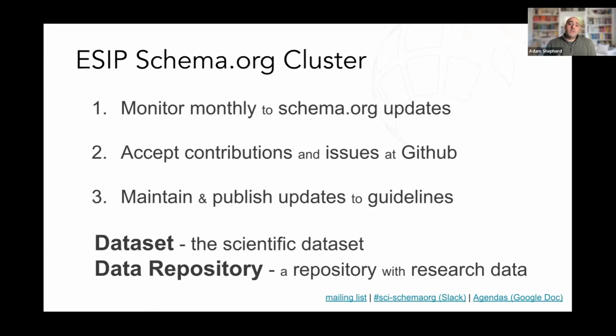We also accept contributions and issues at a GitHub repository, which you'll see later. And then we maintain and publish updates to the guidelines. That's primarily our work: what's going on in schema.org and the broader web publishing community? How does that impact our guidelines? And how do we further progress and improve discovery for data sets using this paradigm?